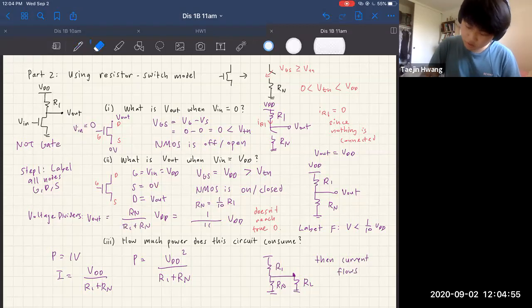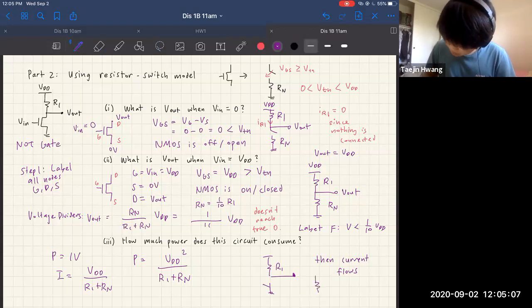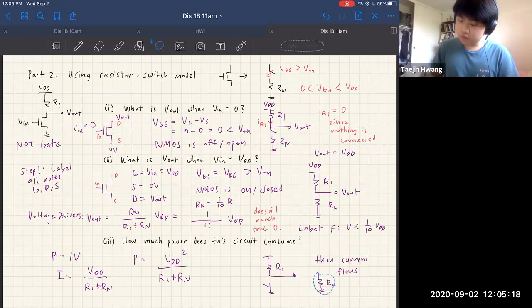But right now, I'm going to take the case where we had this open circuit here. If we have nothing here, no current flows since it leads into a floating node. But if we attach a load, then current flows. And if we detach and attach, and so on.